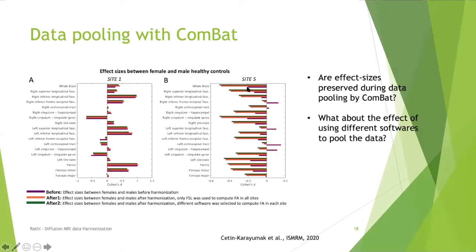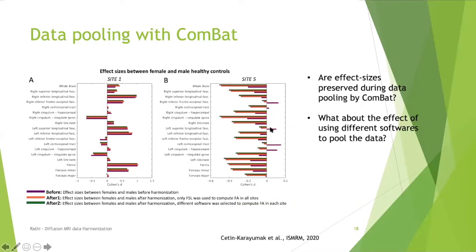Here, even at the whole brain level, before harmonization the effect size was about -0.2. Now, even if you're using the same software, after harmonization your effect size is -0.5. And in some cases, the effect sizes have flipped direction.